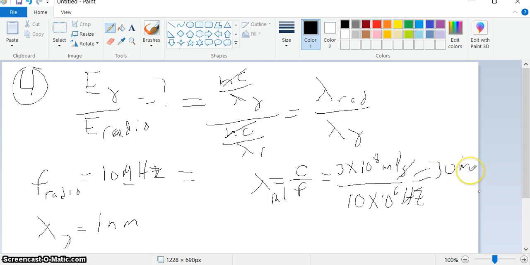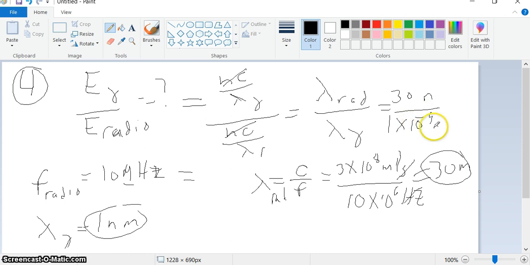Now that we know that, we can calculate this up here. This is just 30 meters divided by the wavelength of the gamma, which they give us in nanometers, so we need that in meters. That's easy because you remember your metric prefixes, and nano is just times 10 to the minus 9th meters. The meters cancel.